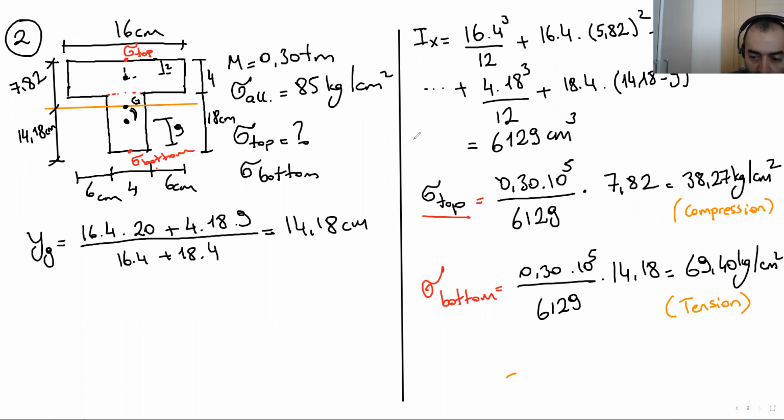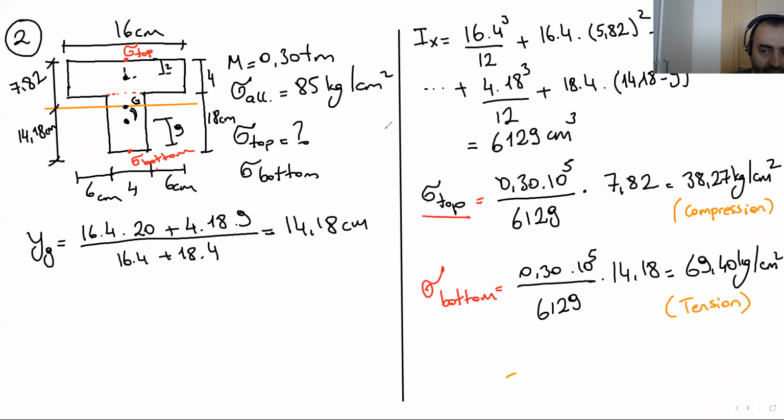We have another question. Actually, the questions are really basic, as you can see. For example, in this question, we calculated top and bottom stresses. We should show all the stresses are less than the allowable stress.